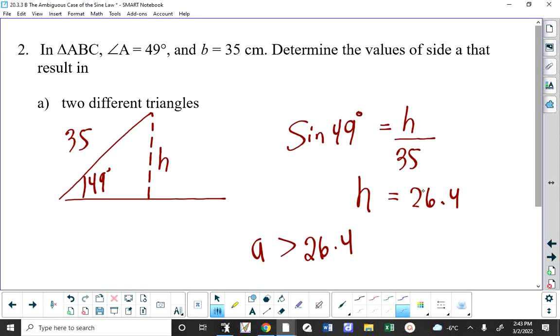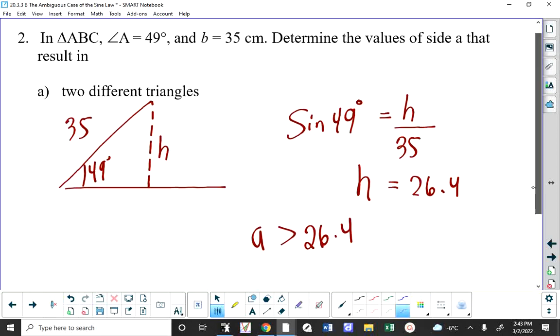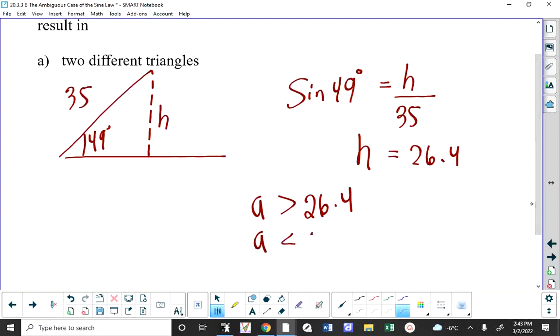It can give me 2 triangles. I'm missing something there. It has to be smaller than 35. Right. It has to be both bigger than the height, but smaller than side B, which is 35.